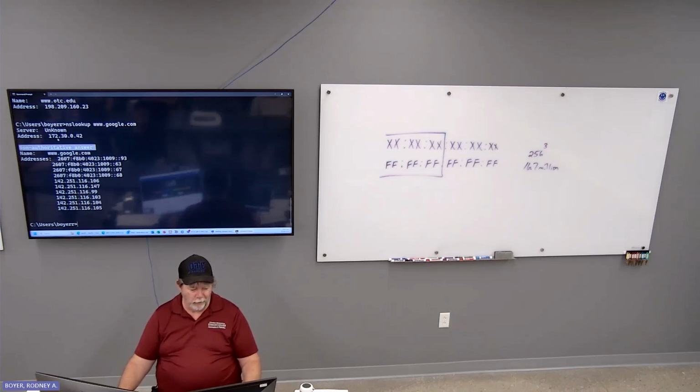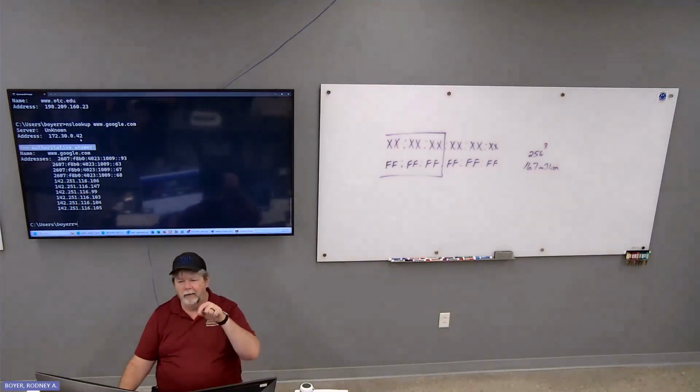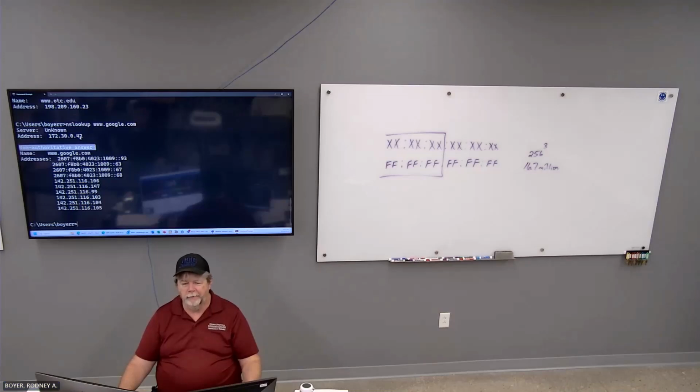So it used the one that it knows about that was assigned to this computer by DHCP. This happens to be the DNS server that's here on campus, 172.30.0.42. 172.30 falls within the Class B address range for private IP.